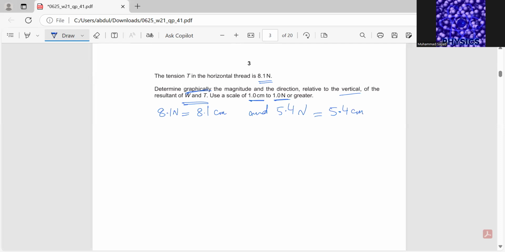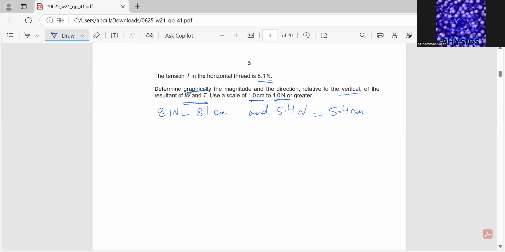Okay, now we have to do it graphically, so we will be using the head to tail rule. We also call it tip to tail rule. Head of the first vector is joined with the tail of the second vector, and then the resultant is obtained by plotting a straight line joining the starting point with the final point, with an arrowhead pointing from the starting point towards the end point.